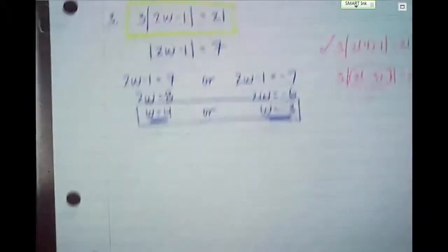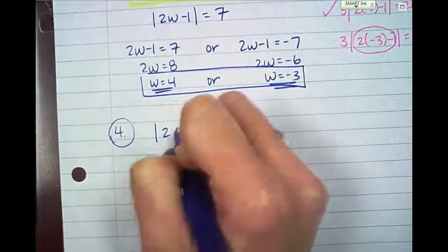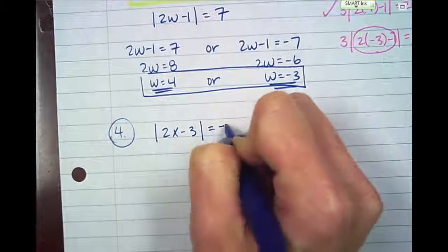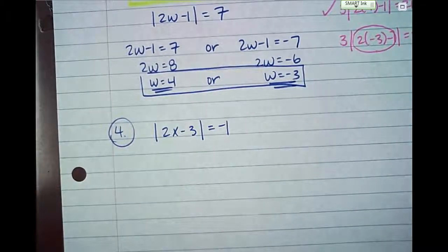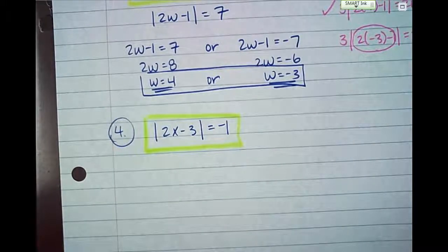All right, now here's 4. 4 is the twister. What do you see wrong with 4? Yes, excellent. What's the problem with 4?